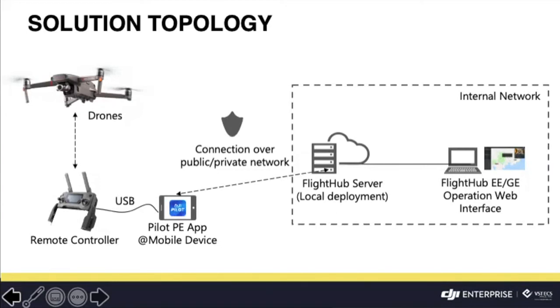And the RC is connected via USB to a mobile device with the DJI Pilot app. Then the DJI Pilot app is connected to the internet, which connects with the Flight Hub server, or a local deployment in your office area.